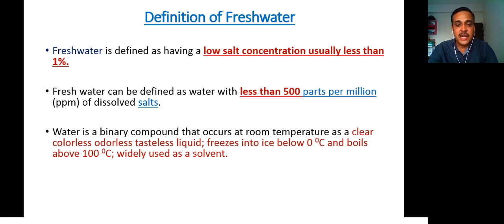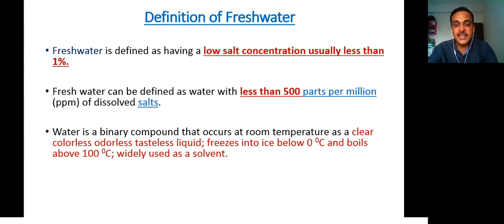That's why it is known as a binary compound; bi means two, hydrogen and oxygen combined. Then at room temperature it occurs as clear or colorless, meaning water does not have any type of color. It should be odorless, tasteless, and in the form of liquid.